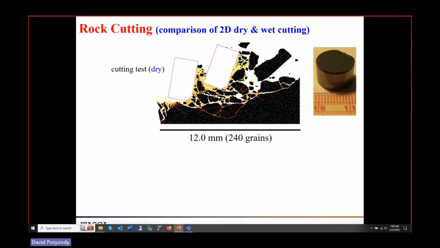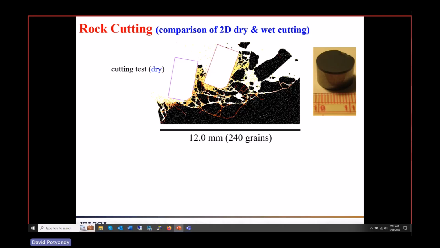So this is an example of what they call a dry cutting test. This would be like sitting on the surface, and in a laboratory, you can drag these things and basically scratch out the surface and measure energy to cut. Turns out that at the bottom of a borehole, there's all this drilling mud, because you've got to have a way to flush out the cuttings. So you have a big drill pipe, which is hollow in the middle, and you pump water down the middle, and the borehole has a bigger diameter than the diameter of the pipe.